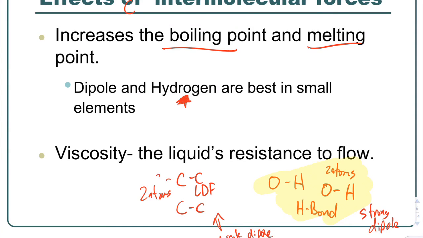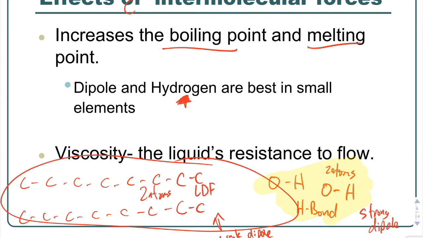But now if I add a whole bunch of carbons to these chains, and I say, over here I have a weak dipole, and over here I just have these two little atoms, but they have a strong dipole. Who wins? This guy wins. Yes, the dipole is weak, but when you say weak times all of these atoms, it becomes very, very strong.